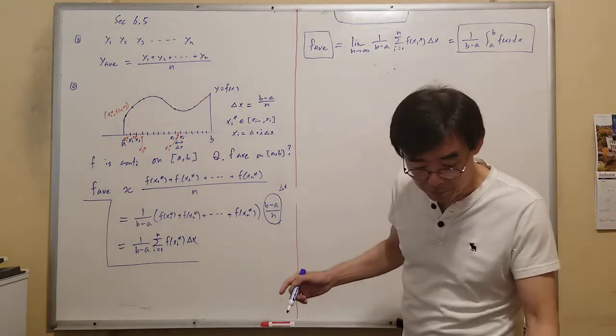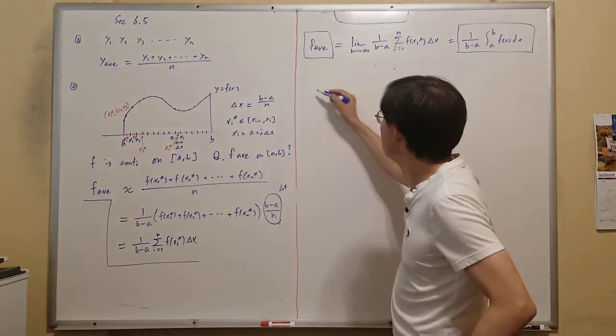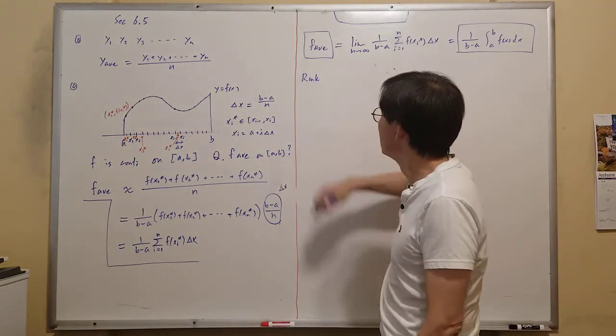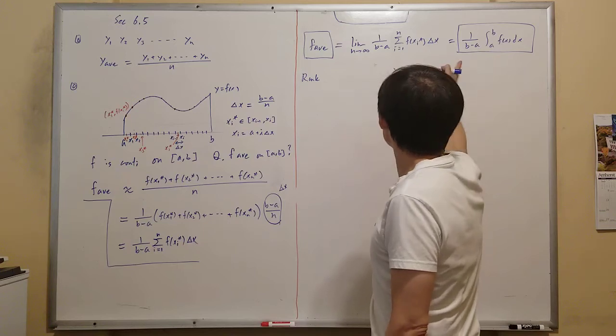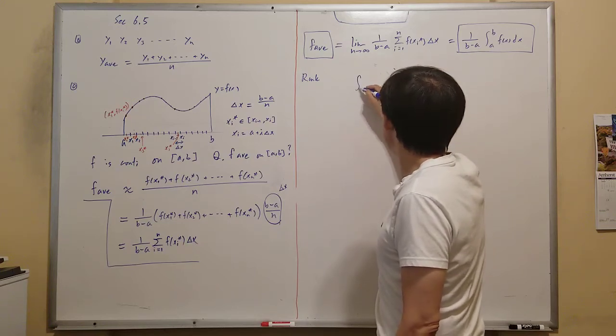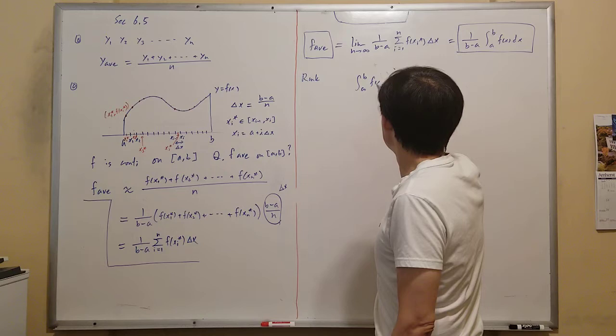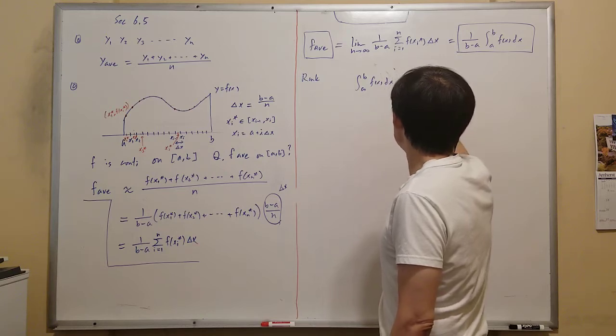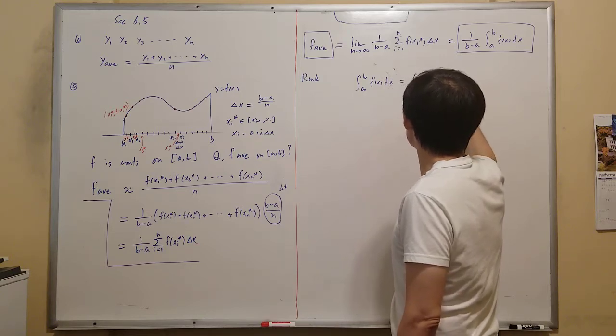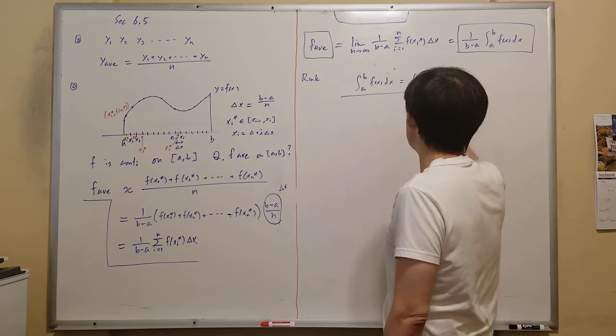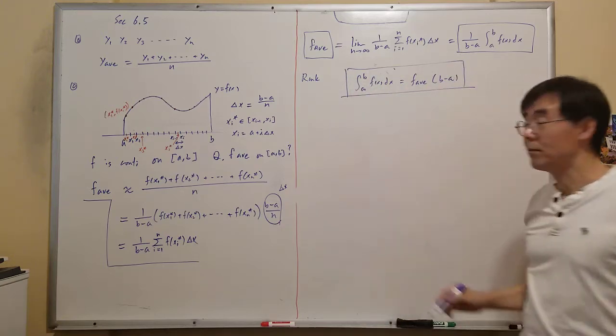Now, one remark. The integral from a to b of f of x dx is f average times the size of the interval.